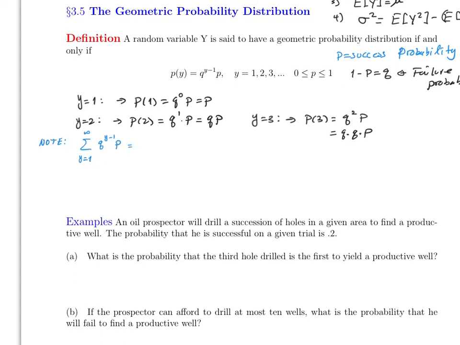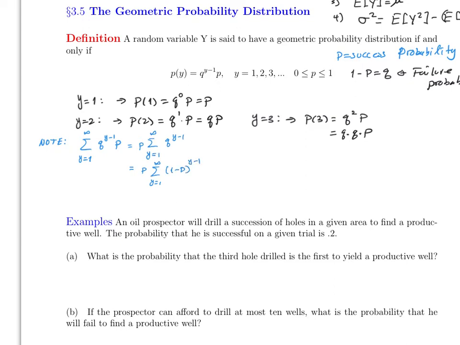Here, since you're summing with respect to y, you can take the p out, so this will be p times the sum from y equals 1 to infinity of q to the y minus 1. But remember that q is the same thing as just 1 minus p, so it will be the sum from y equals 1 to infinity of 1 minus p to the y minus 1.